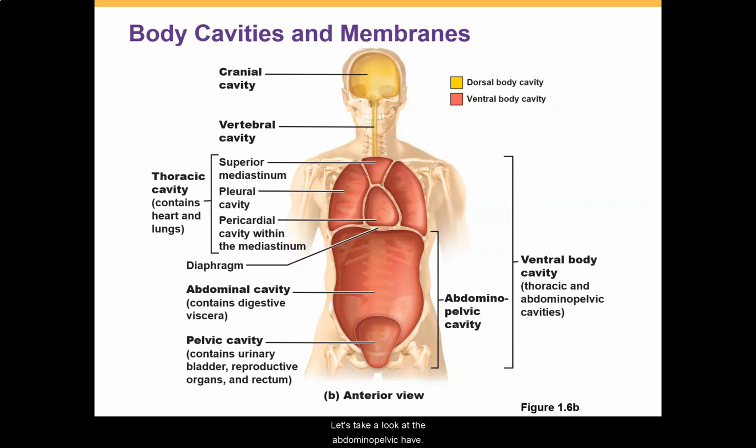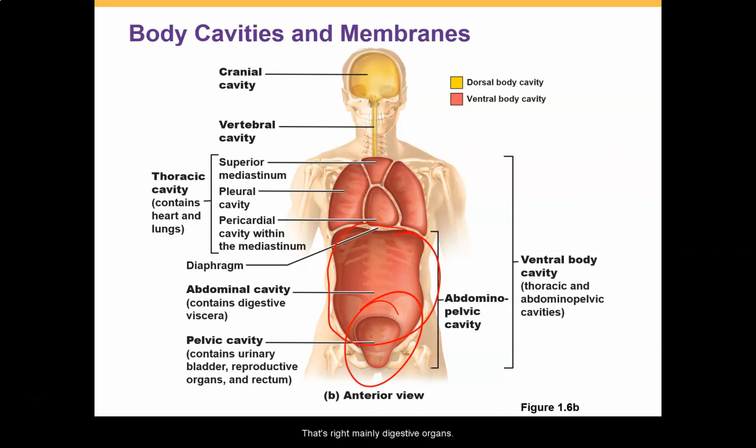Let's take a look at the abdominal pelvic cavity. The abdominal pelvic cavity contains two cavities. The abdominal cavity, which is this large one, mainly found in the abdomen, and the pelvic cavity, which is found within the pelvis. What organs do we mainly find in the abdominal cavity?